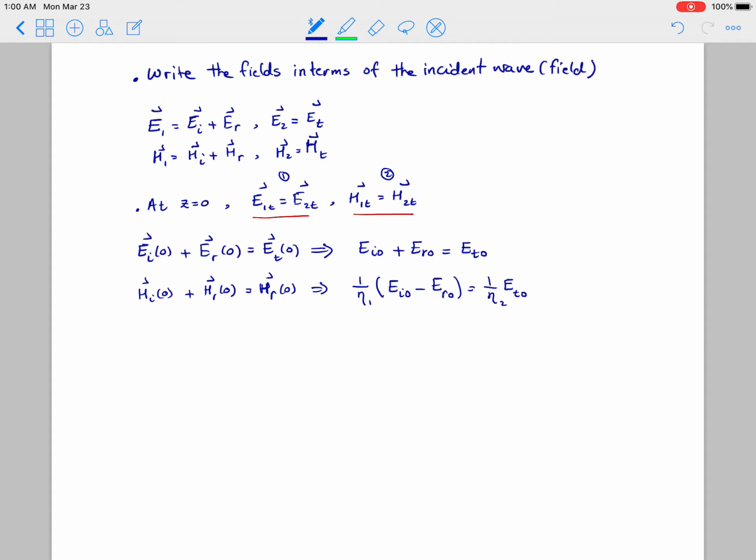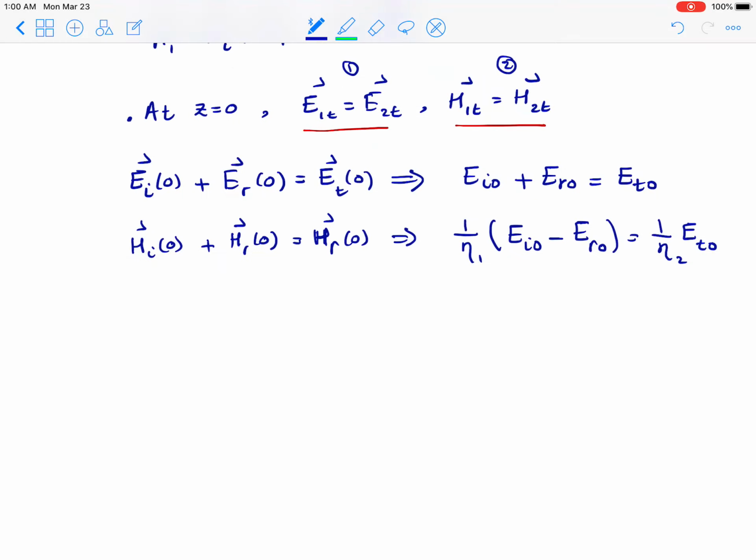Therefore, we can manipulate these two equations, and if we do so, we will end up with the following. We want to write A reflected naught in terms of A incident, and also A transmitted naught in terms of A incident.